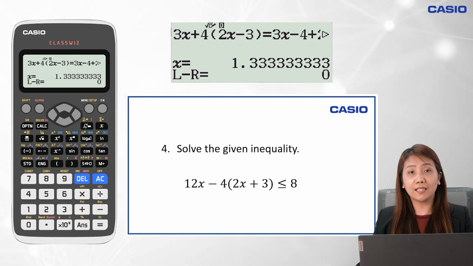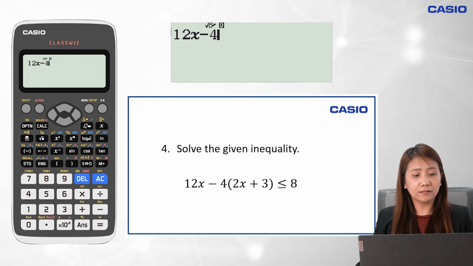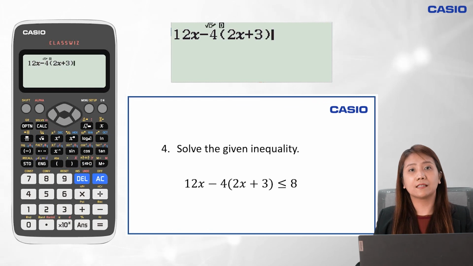And for our last example, let's solve the given inequality. To solve the given inequality, we input the inequality as an equation. We start with the first side of the inequality by pressing 12x minus 4, and for the quantity, open parenthesis, 2x plus 3, close parenthesis.